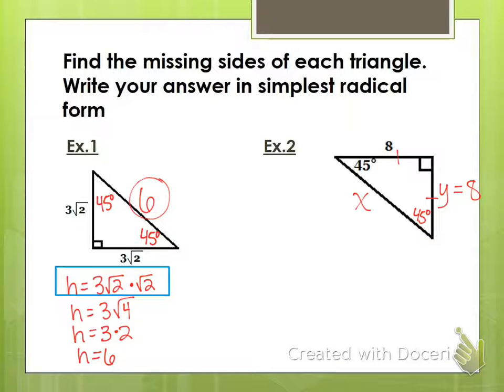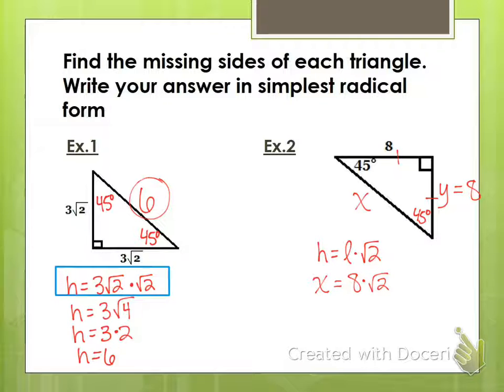Don't get confused or try to do too much on some of these problems when one of the answers is really that simple. Not all of them are necessarily going to require some sort of equation or complicated way of getting your answer. So to find X, the hypotenuse, we take h equals L root 2; instead of h, they labeled the hypotenuse with X. The length of a leg is 8 times the square root of 2.